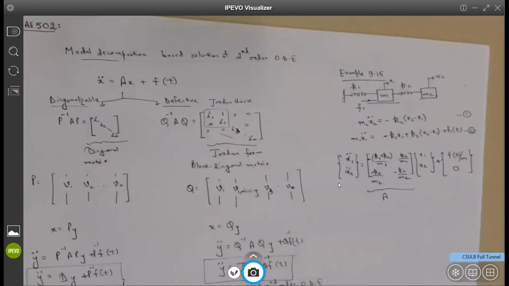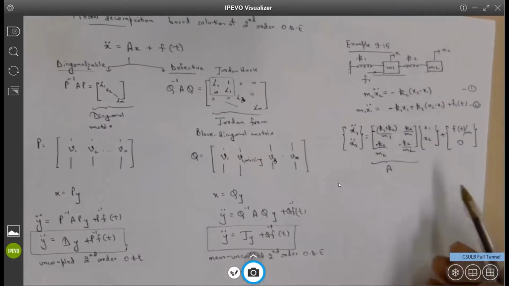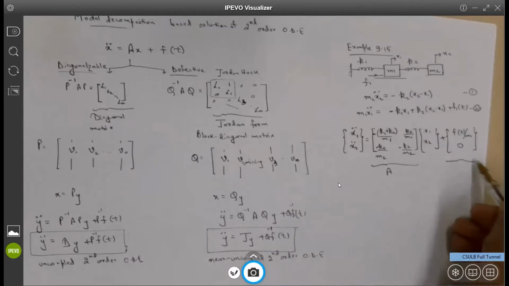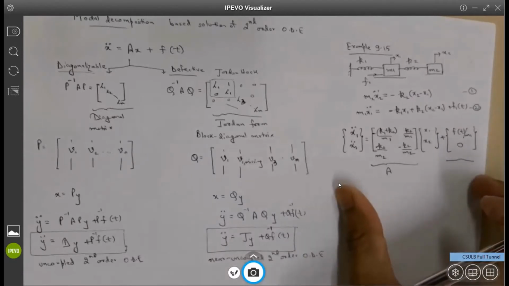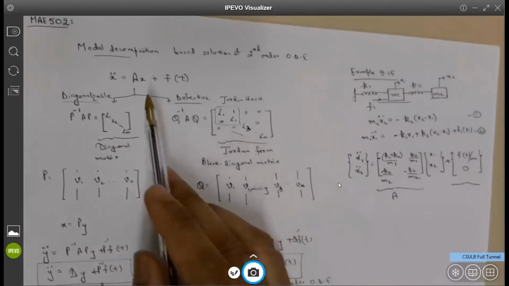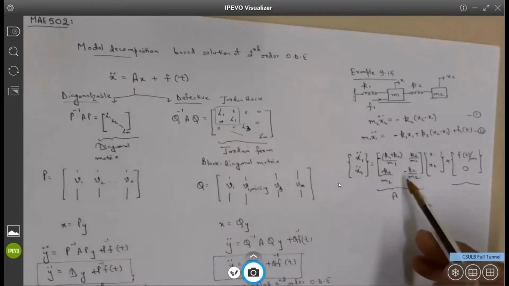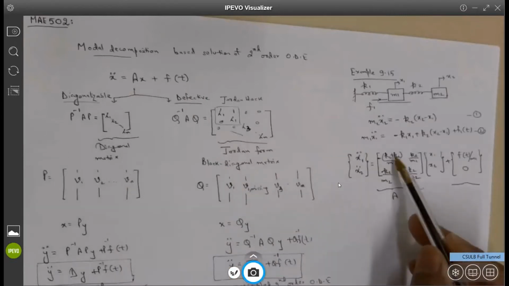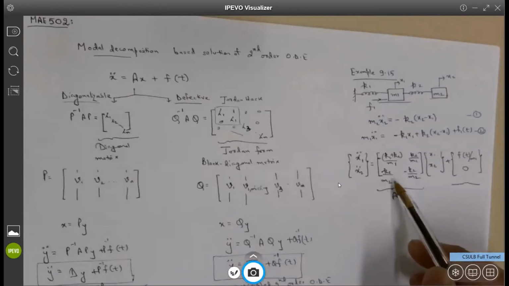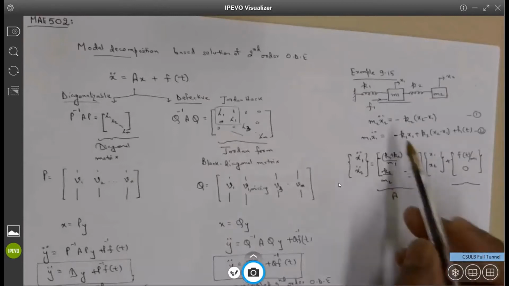I'm taking the same example problem and trying to redo that formulation, and we'll extend our discussion beyond that, but I wanted to make sure you are understanding it. This is the same form as this. Now I'm going to pick the numbers for the stiffness and the mass of the individual elements.